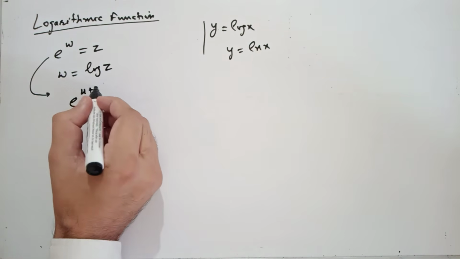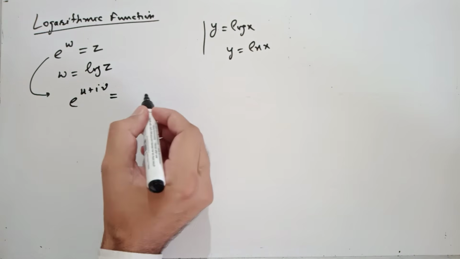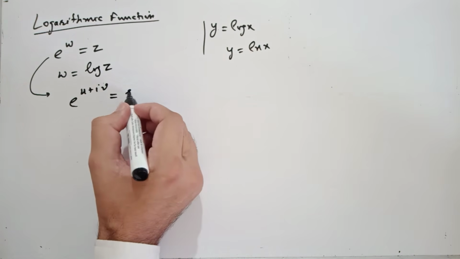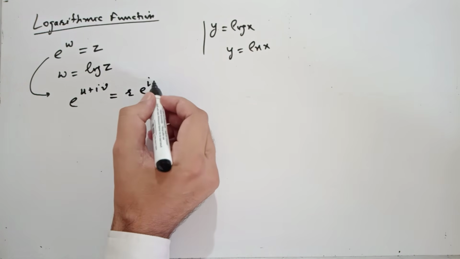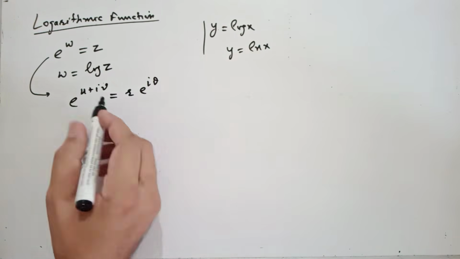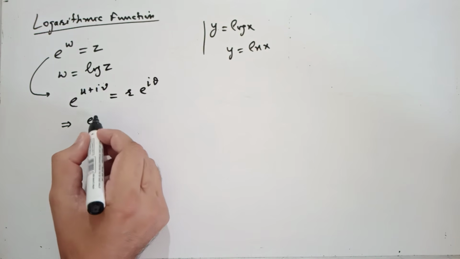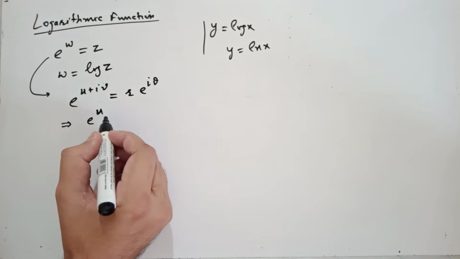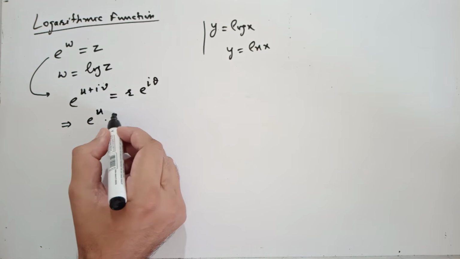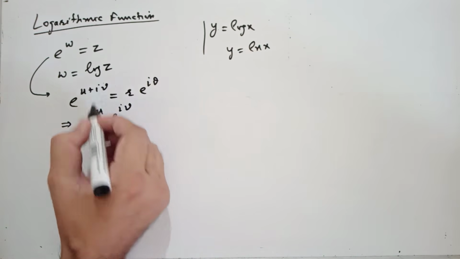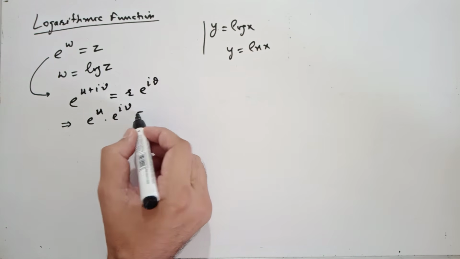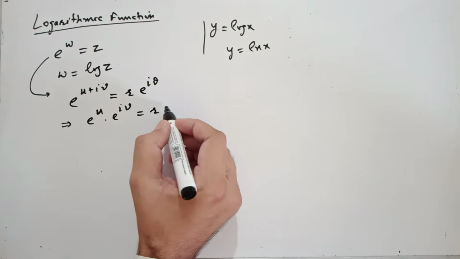w is u plus iota v and z is in polar form r e power iota theta. From this, e power u into e power iota v. This is happening because of the definition of exponential function. You can separate these.